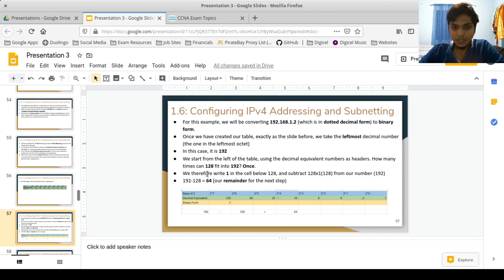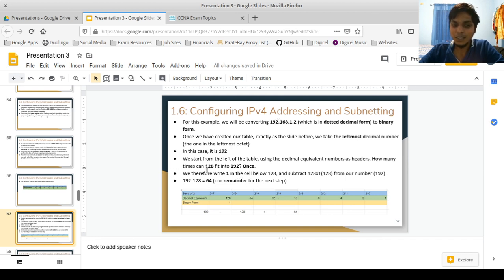So we're not using the powers, we're using the decimal equivalent numbers, which is why we went down to this row. What we're asking now is how many times can 128 fit into 192? We're asking how many times this 128 can fit into our number here, which is 192.